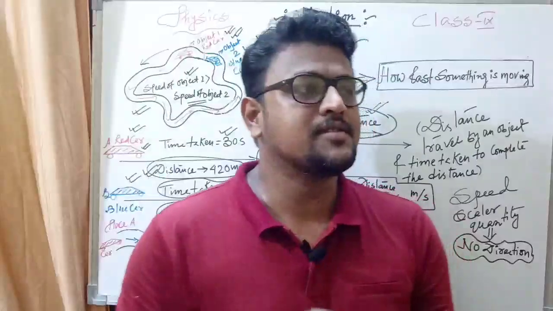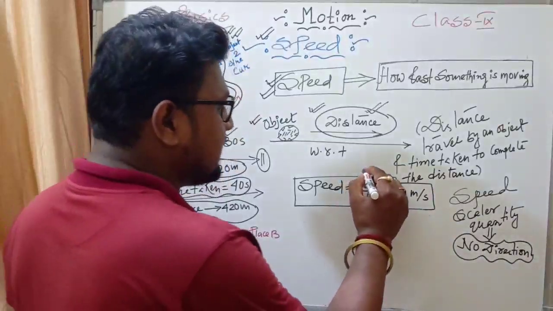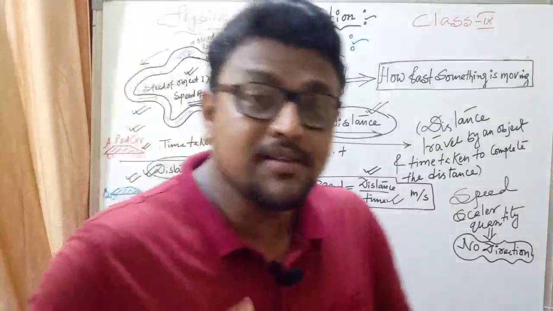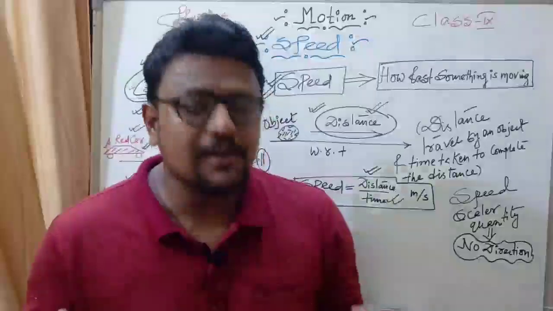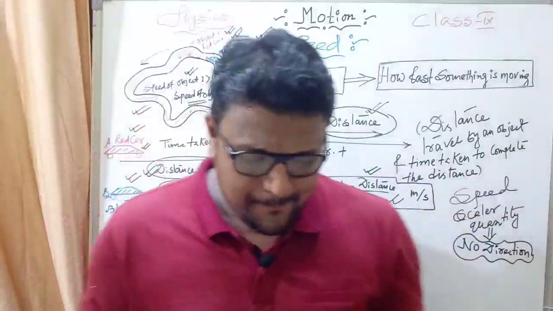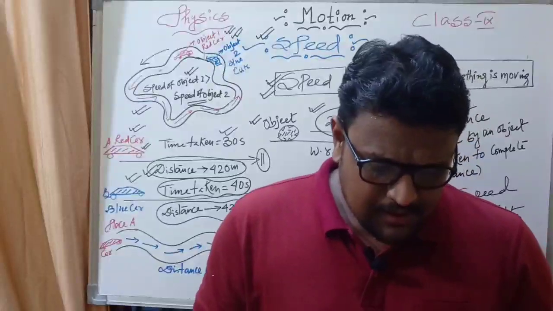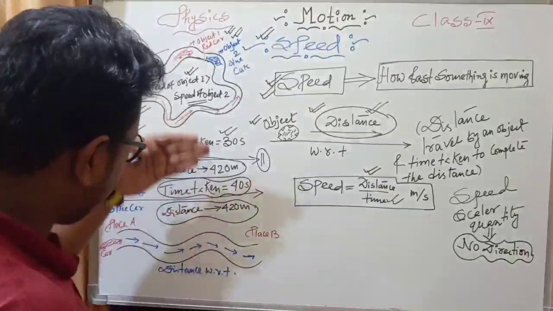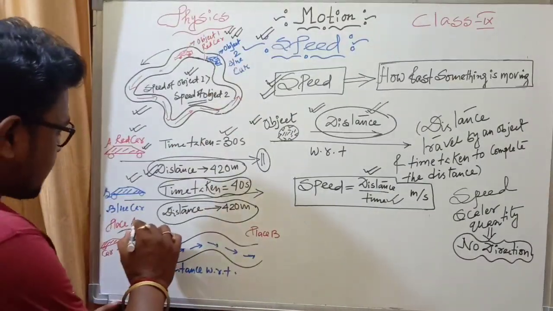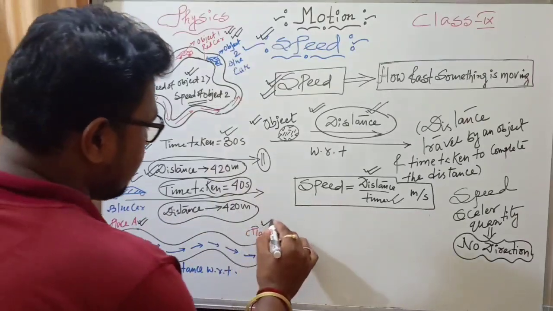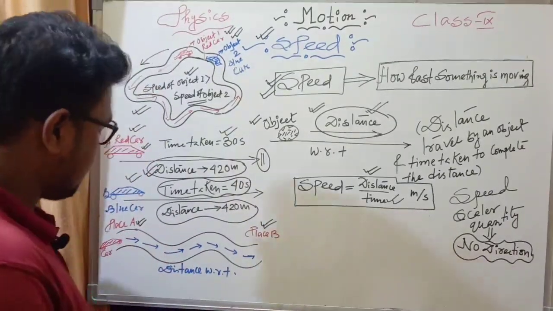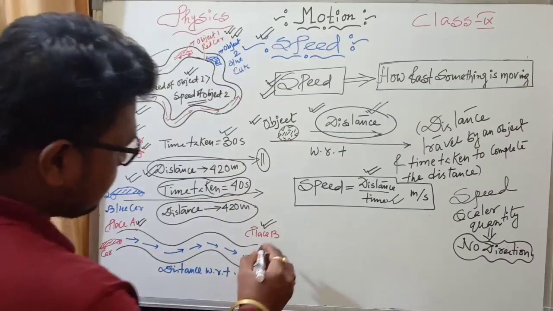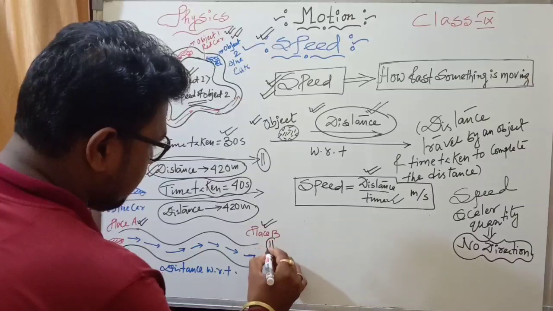So speed means how much distance it covers over time. Look at this diagram: there are two points, place A and place B, and a car travels the path and reaches point B.